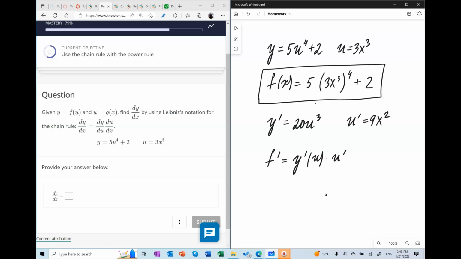But they want us to use Leibniz notation. But again, by now you should already have your preferred notation, so just stick to it. There's no need to change it. And in this case, we have 20 times 3x cubed cubed times 9x squared.